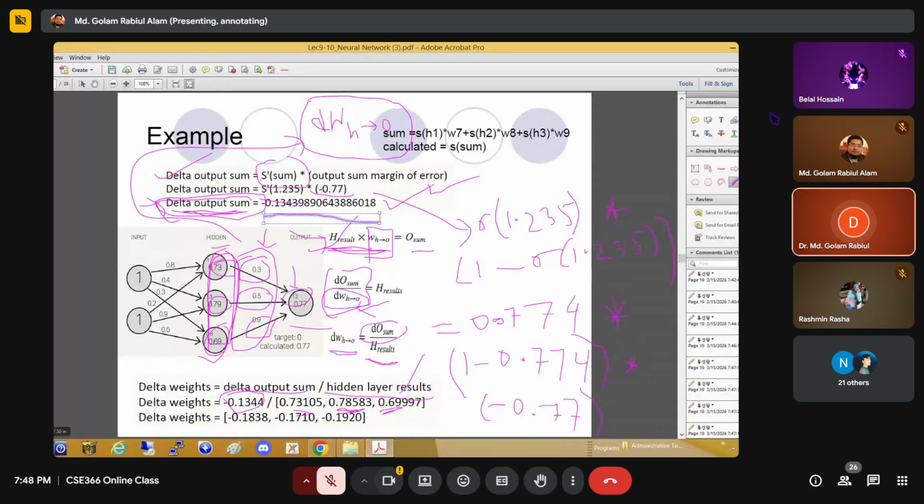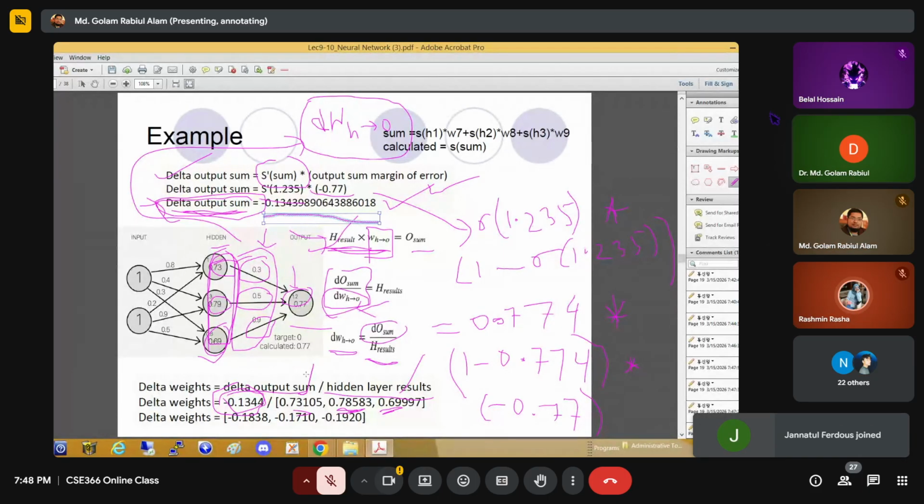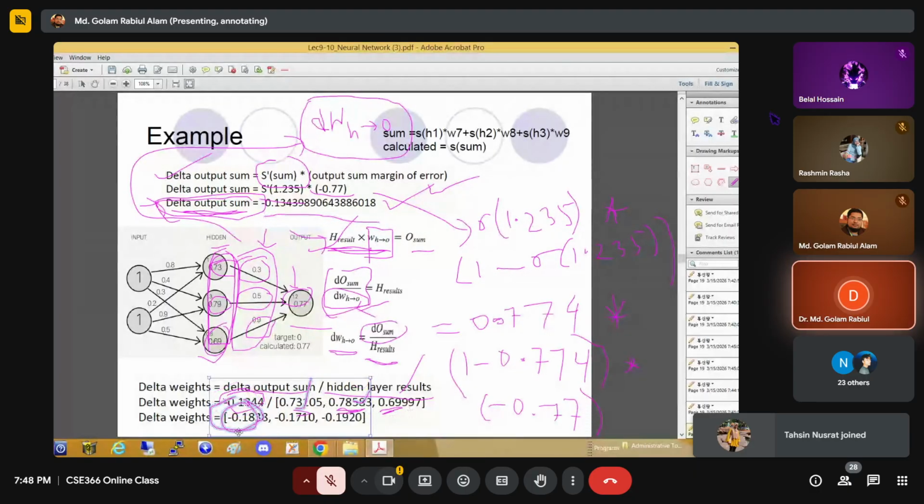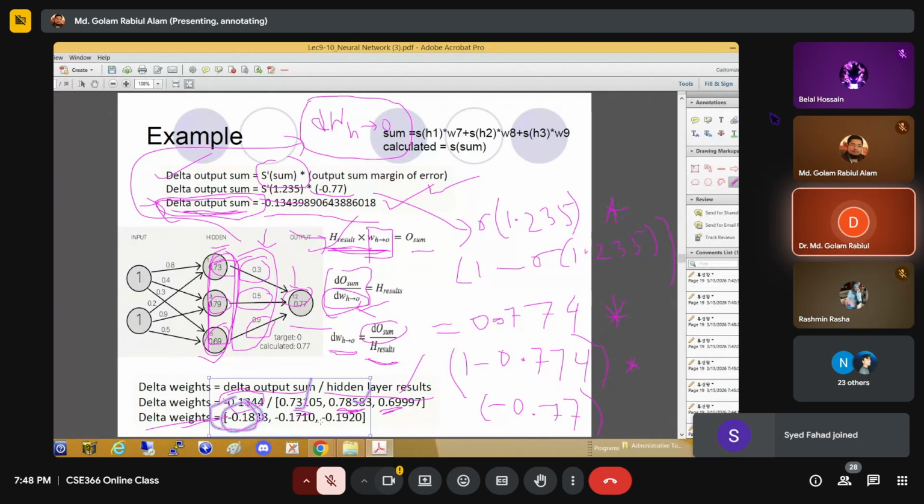This one divided by that value, and the same for the others. Then we get the delta weights: negative 0.18, negative 0.17, and negative 0.19. That means the rate of change of the weights.